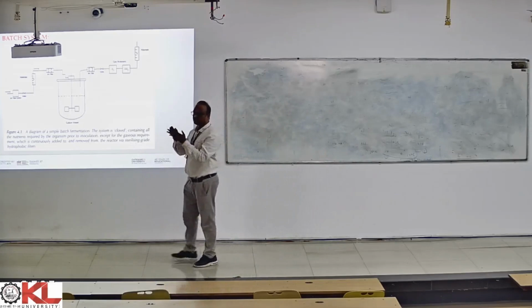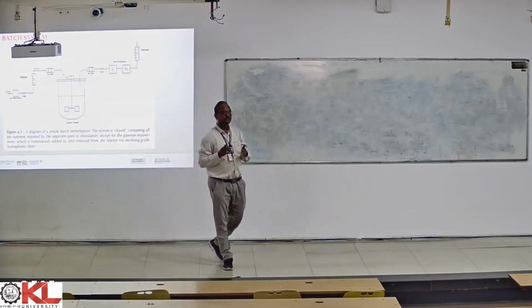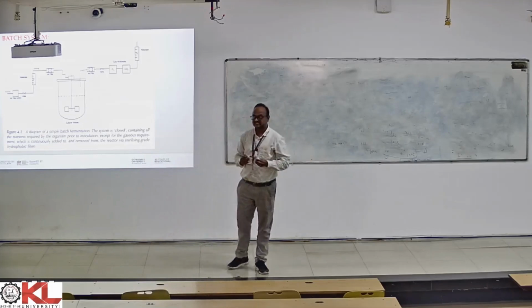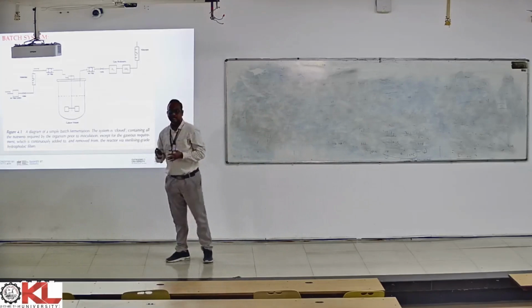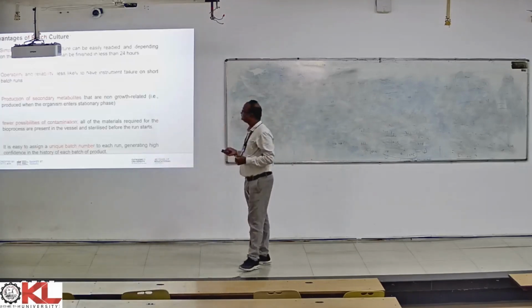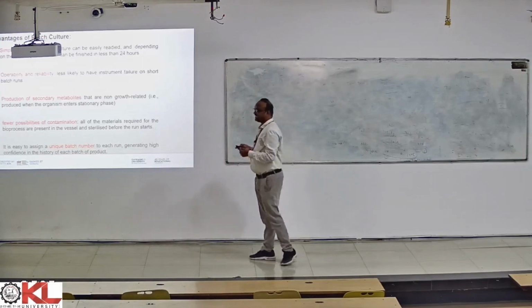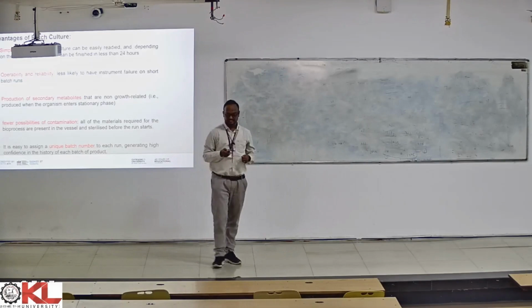We inoculate such a culture into the vessel, and then we maintain all the environmental conditions suitable for that particular organism to grow and produce the product inside the bioreactor, right? So let's have a look at the advantages and disadvantages of the batch culturing system.